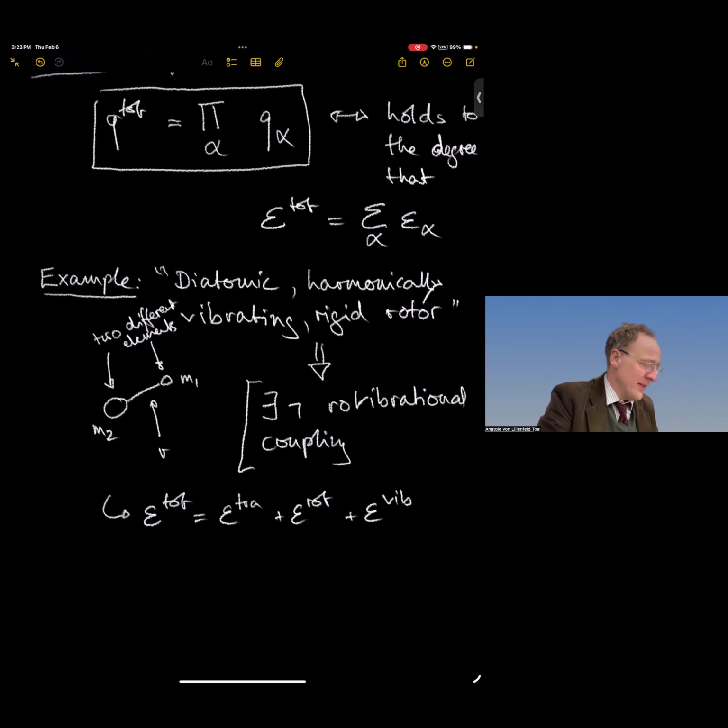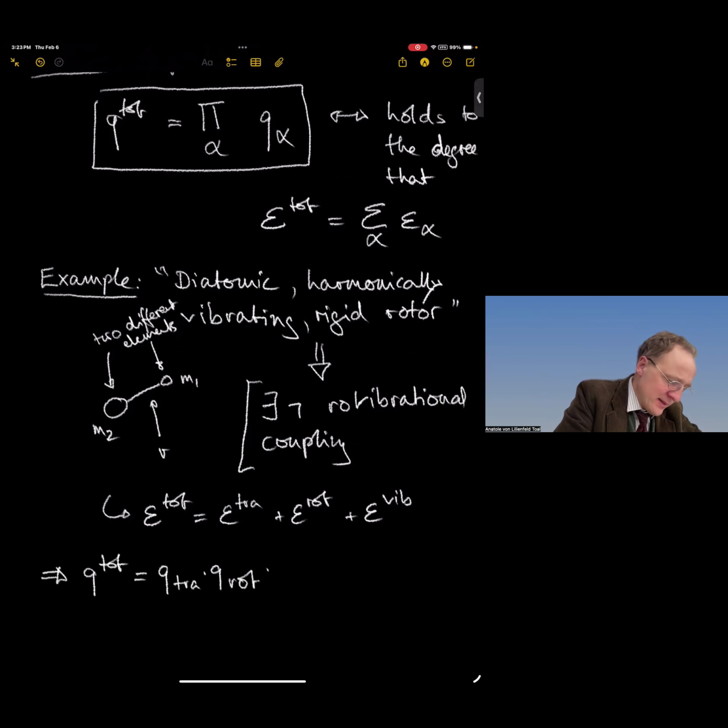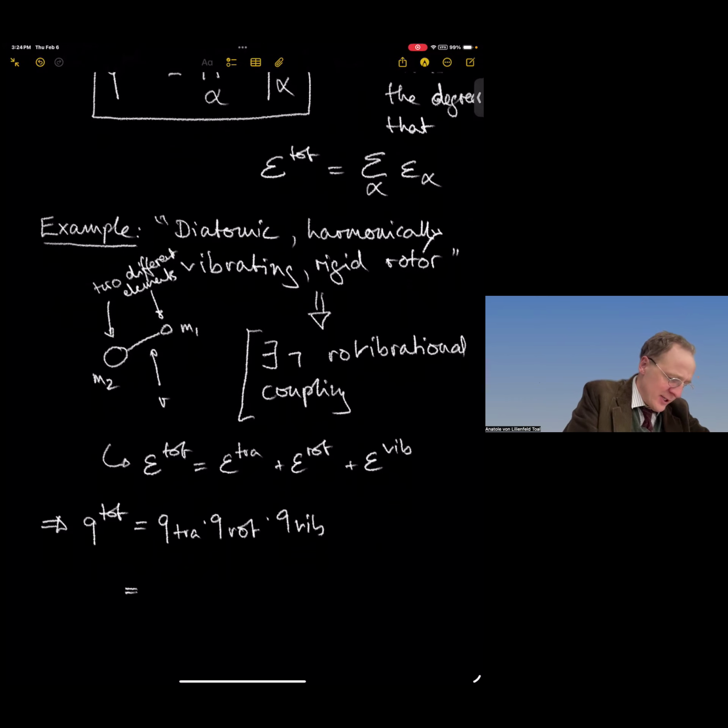And so then following this separation, we can write our Q tot for this system to correspond to Q tra times Q rot times Q vib. Okay. Now, this means we need the partition functions for these energetic modes. The one partition function you already have seen is the one of the ideal gas law.